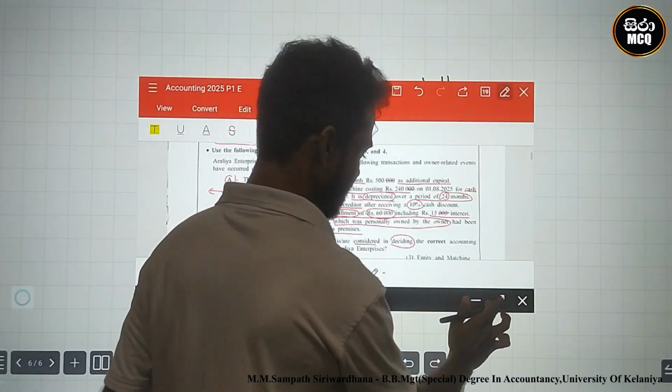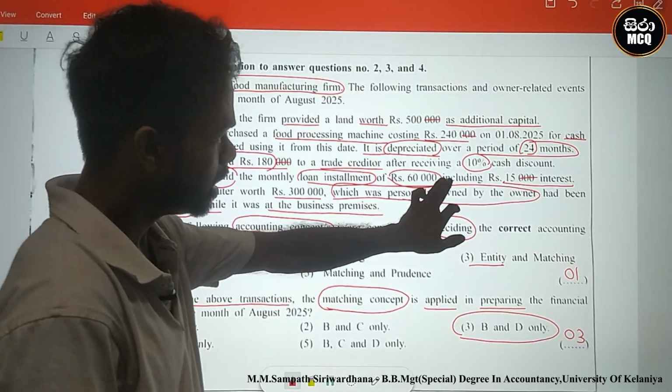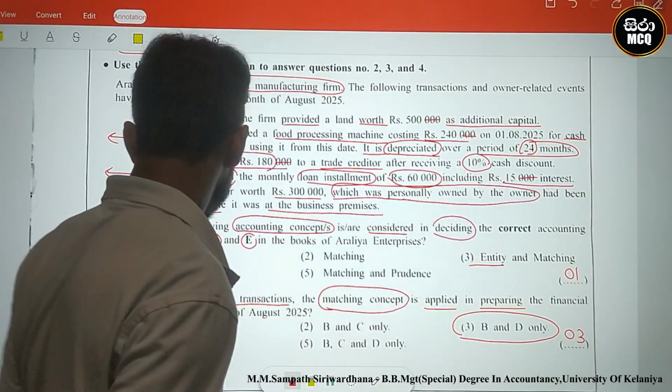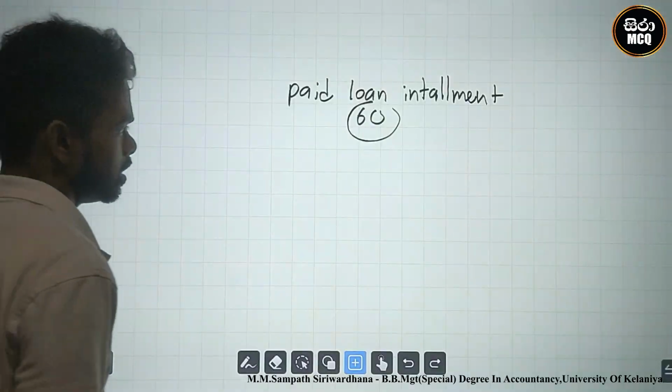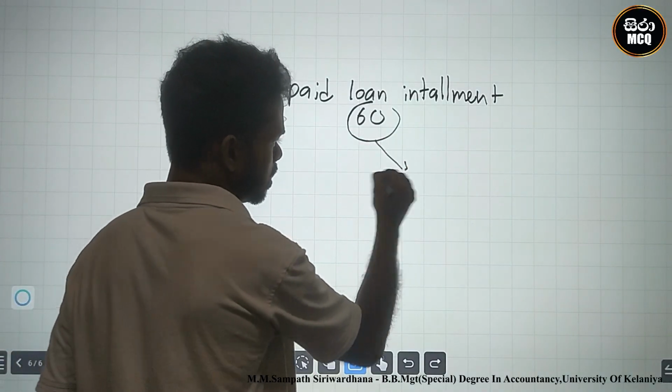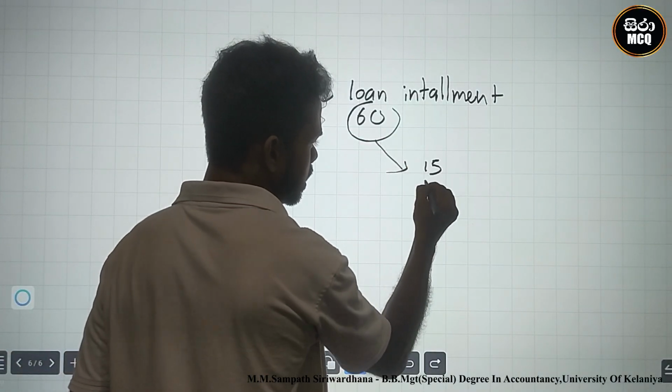Paid loan installment 60, including 15 interest. Including means there is a 15 interest.